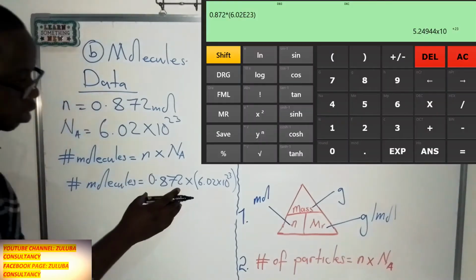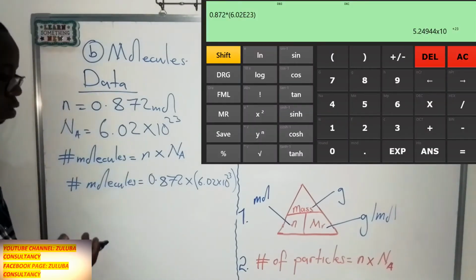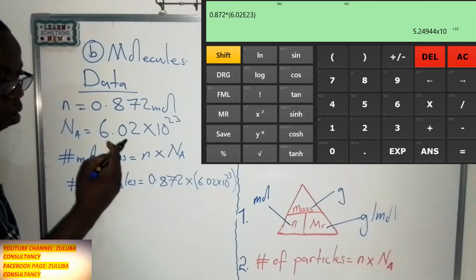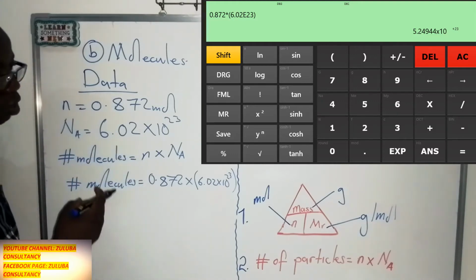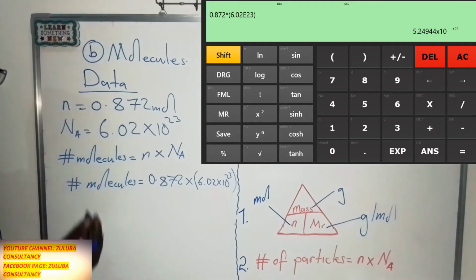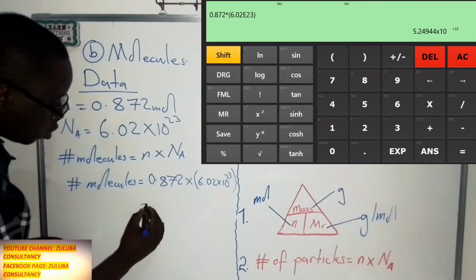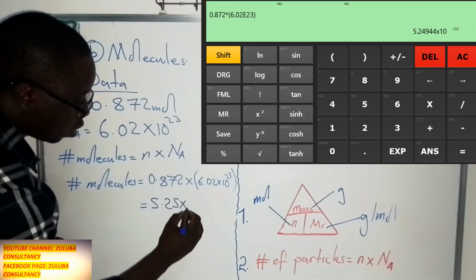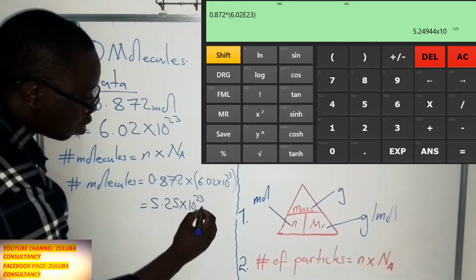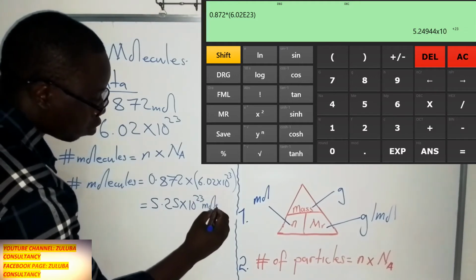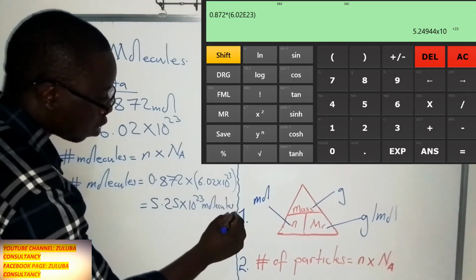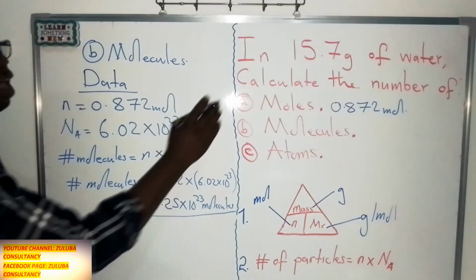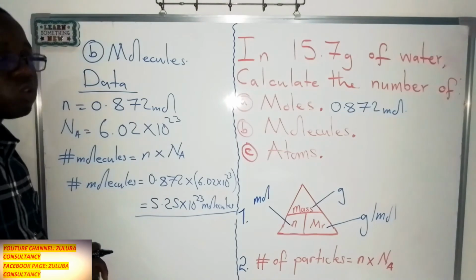So if you get this and put it on your calculator, 0.872 multiplying it with 6.02 times 10 to the power 23, it should give you 5.25 times 10 to the power 23 molecules. So this becomes the number of molecules that are present in 15.7 grams of water.